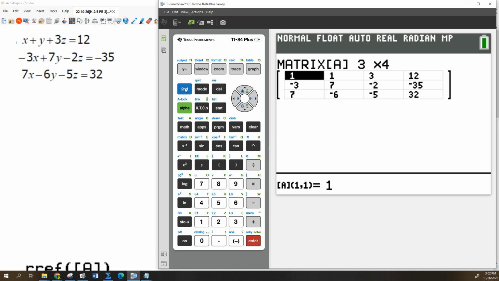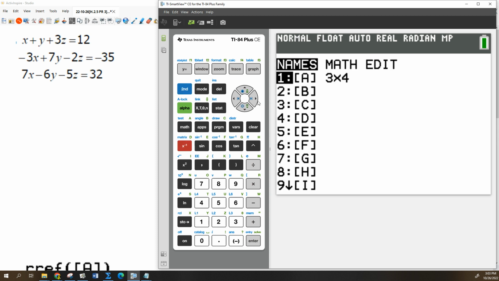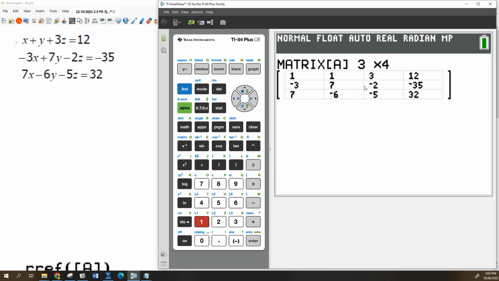Yeah, so to get there, here, let me quit this. To get there, you go second, hit that button right there that has matrix on it. That's the one we want. That's why we hit second, so it goes to the function behind the key. So second matrix, and then we scoot over to the edit menu and hit either 1 or enter to get to our matrix. And then we have to just build the matrix corresponding to our linear system. Okay?